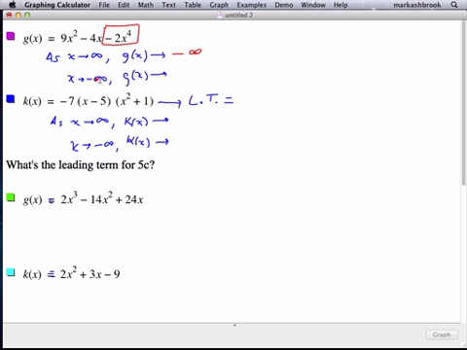As x gets very, very large negative, what will x to the fourth do? Positive or negative? That will be positive, but then we'll multiply by negative 2. Negative. So the end behavior for g, as x gets very large positive, will go to negative. And as x gets very, very large negative, g will also be negative. So here's the end behavior for this one.